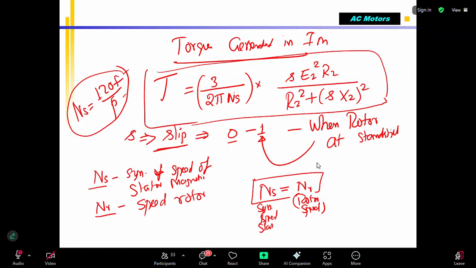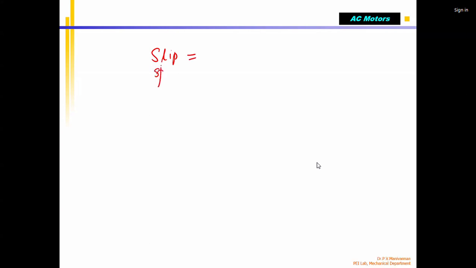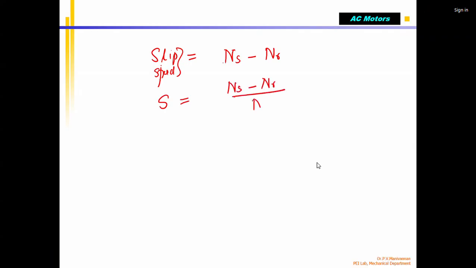The motor speed can be computed using the slip. In fact, there are two things, slip and slip speed. Slip speed equals ns minus nr, where nr is the actual rotor speed and ns is the synchronous speed of the magnetic field. Then slip s equals ns minus nr divided by ns. This will vary from 0 to 1. Many times slip is represented in percentage.